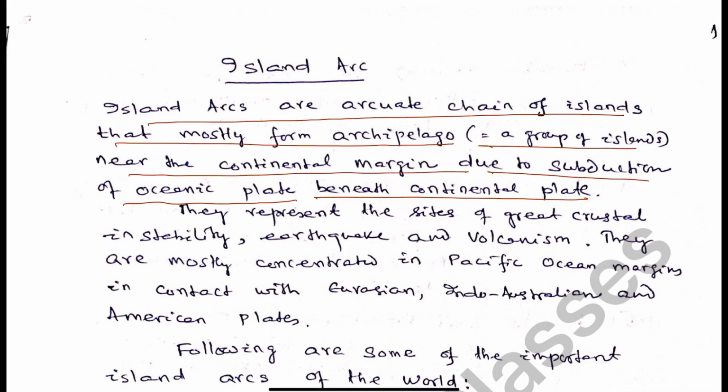Chains of volcanic islands or volcanic mounds are being created, and the very shape of these islands is arcuate, or arc shape. That's why these islands are described as island arcs.